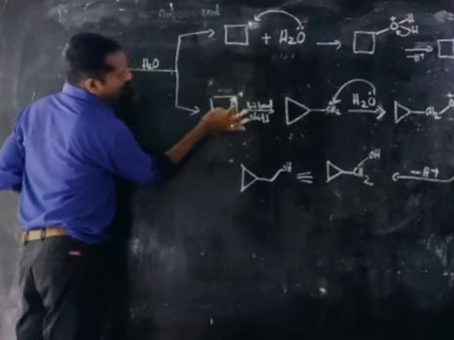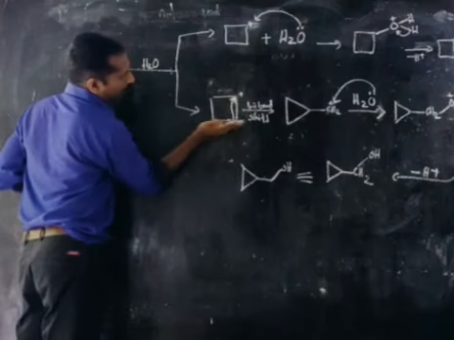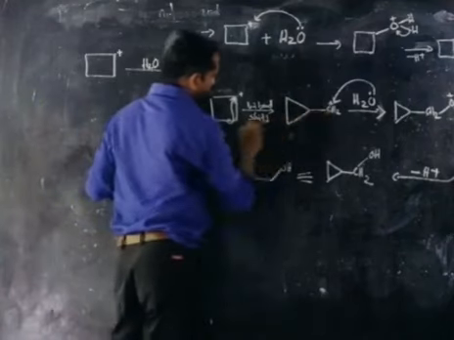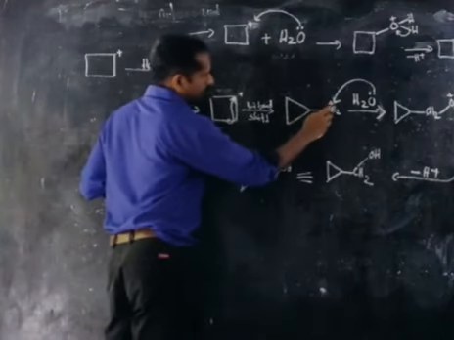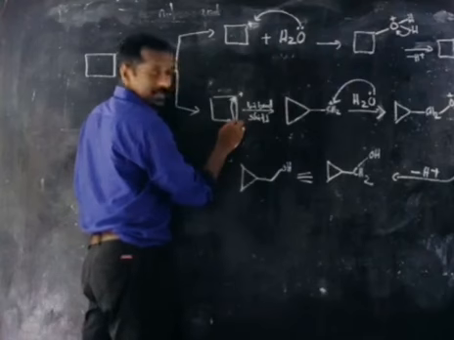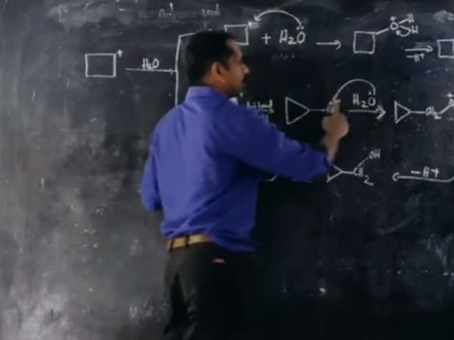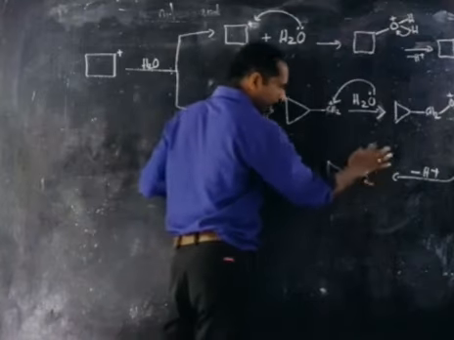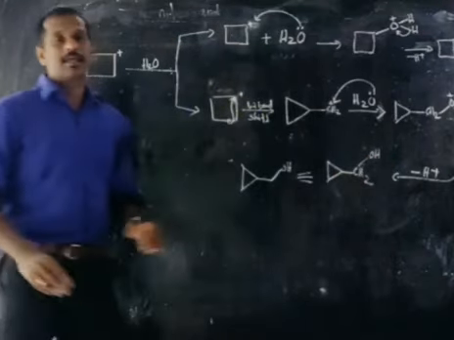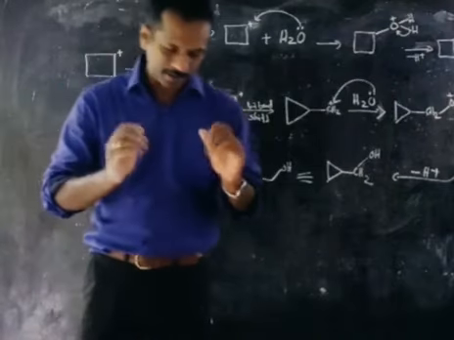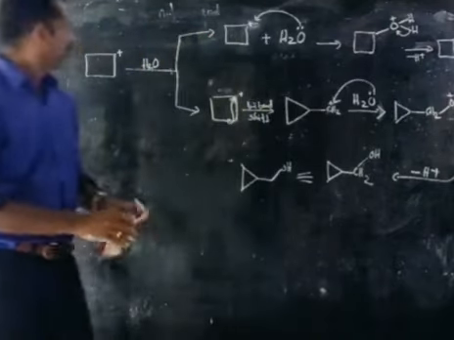The ring bond breaks from here and is joined like this, leaving a positive charge here. Actually, here it is CH2 positive. On that positively charged carbon, the water molecule will attack, and the OH group will come. This is the case of ring contraction.